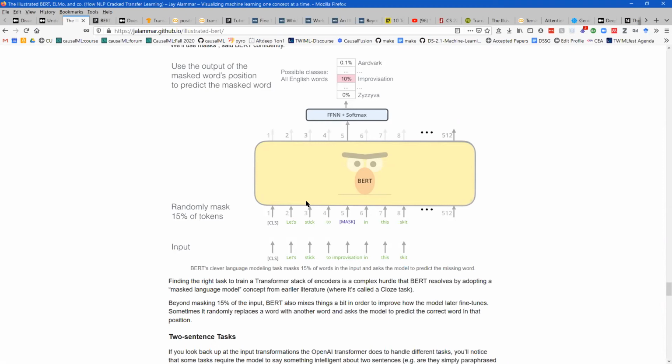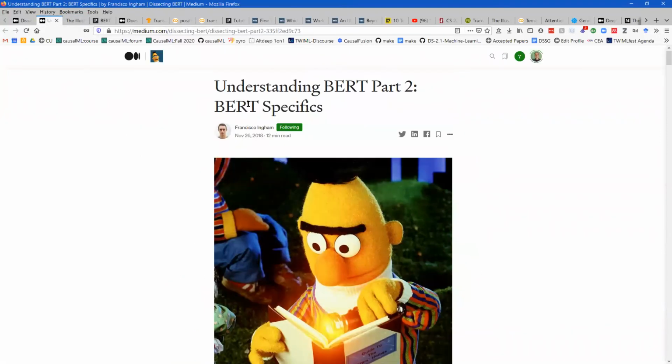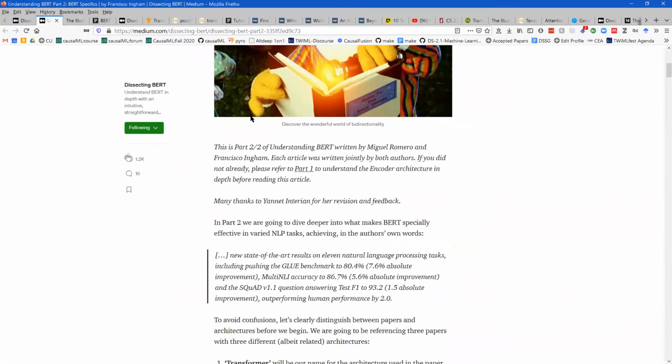Sometimes they put in random words instead of the word that they were going to mask, and sometimes they don't mask it at all. So there's a little subtlety in the way this goes. I think it tells us in more detail in this understanding BERT part 2.